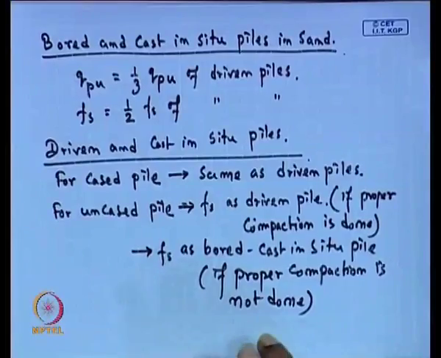Third one is by using the dynamic equations or formulas, and the fourth one is by using the penetration test data. So, these are all the different methods by which we can determine the ultimate load capacity of different piles.